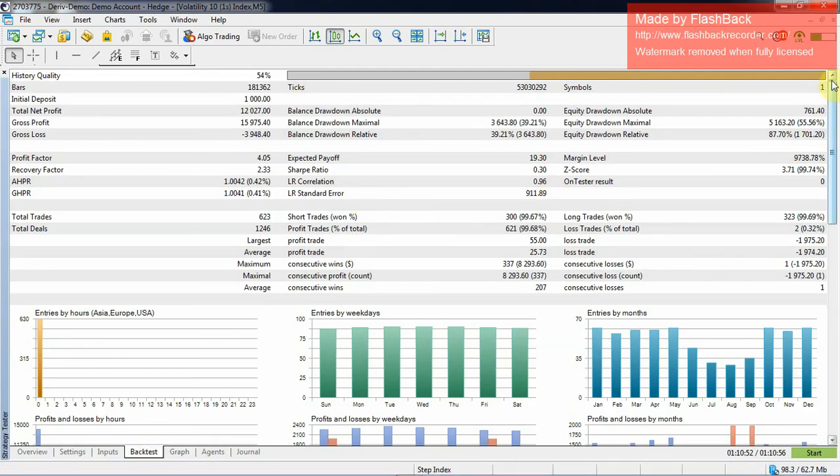Okay, this is the report I was telling you about. The initial balance there is 1000. Total net profit there is 12,027.